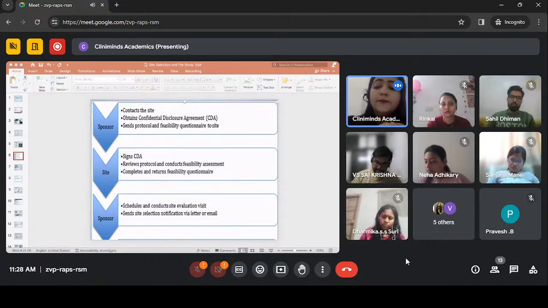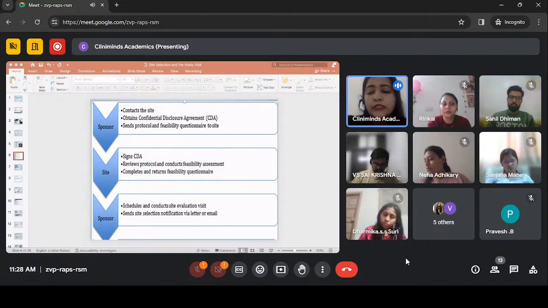He is going to check what the investigational product is, what things need to be carried out during the trial, how many procedures, how many patients, at how many sites this trial will be carried out. So all those details, the complete study plan, they can see in the protocol.